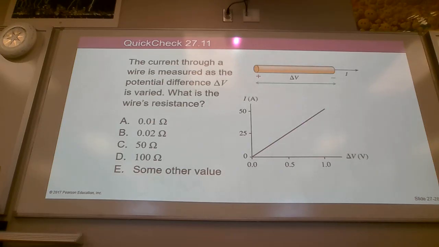I think it's V over I. The correct answer is B, 0.02. The slope is 50, but you need voltage over current for resistance, so it's the inverse of the slope. So watch yourselves on the axes.